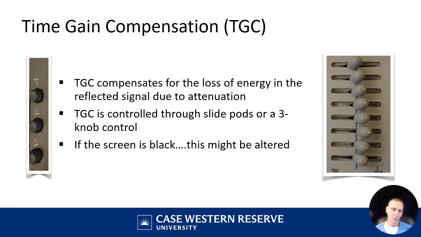So really, the time to know about this setting is when you are messing with your machine and it's all black. Somebody may have adjusted these. But for the advanced ultrasonographer, this allows more fine-tuning of deeper structures and more tweaking of the image you obtain on the screen.